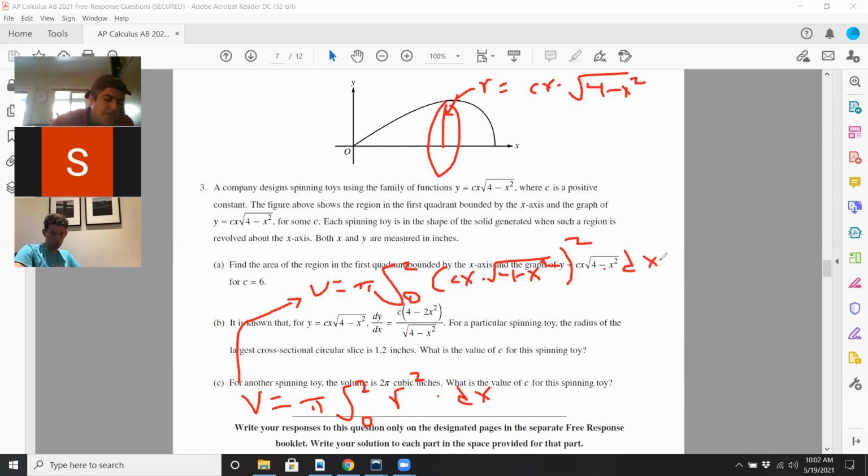dx. Now, usually they just ask you to give the setup. In fact, they want you to go through with this. It sucks. I don't like it. But volume's 2 pi. You have pi here.